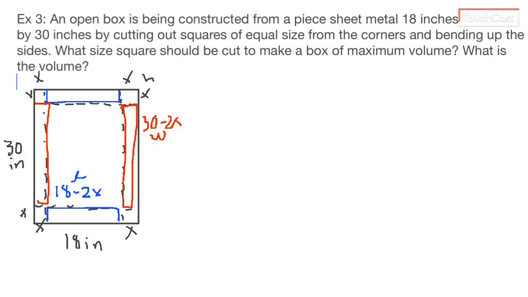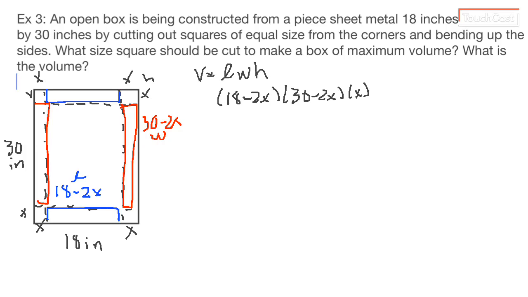And volume, we know the formula for volume is length times width times height. So if we multiply those three parts, 18 minus 2x, 30 minus 2x, and x, that'll give us the volume.